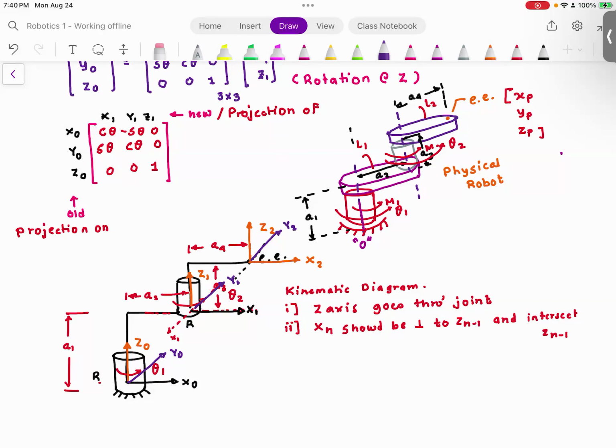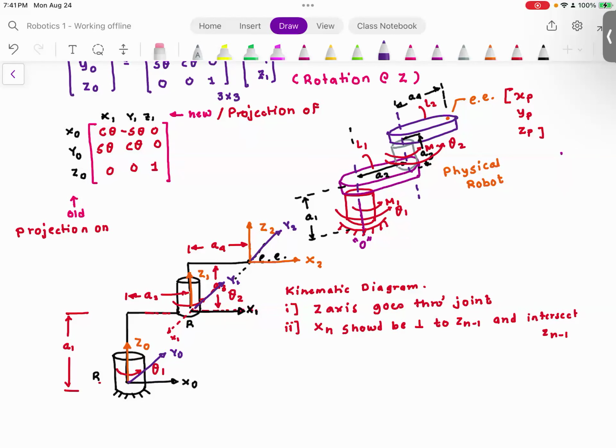Curl your fingers in the direction of theta 2. Can you see that is in positive Z direction? Which means all these rotations are about Z axis. That means the only rotation matrix that we will need to solve this entire forward kinematics is cosine theta, minus sine theta, sine theta, cosine theta. That is the rotation matrix that we derived. Everyone understood this? So that's the only matrix that you will ever need.